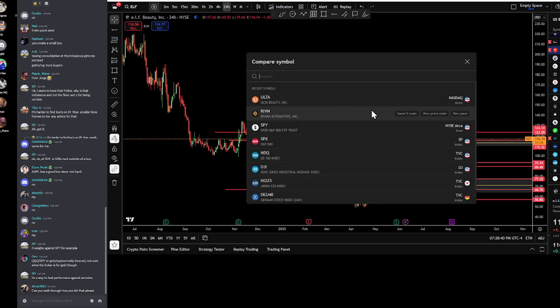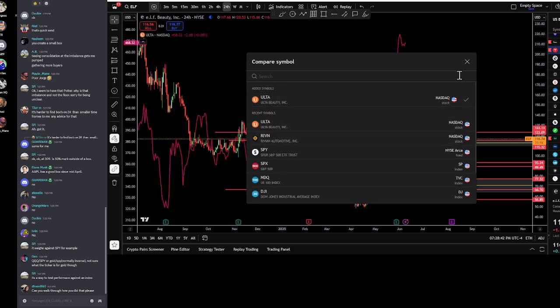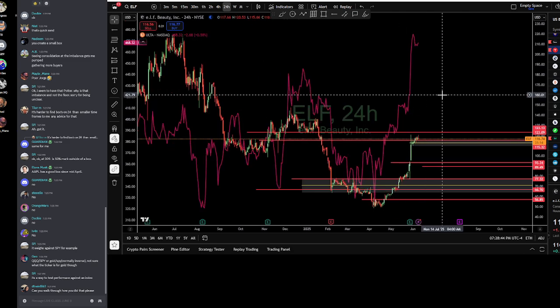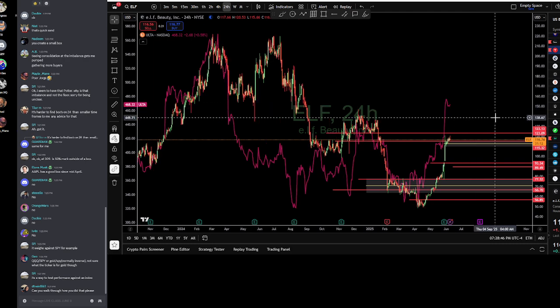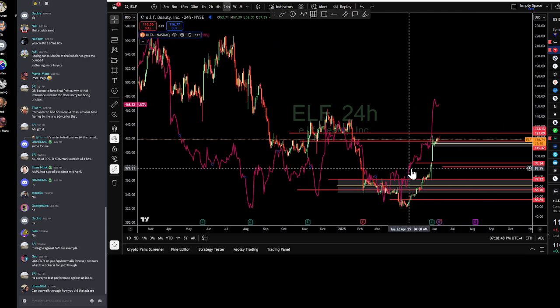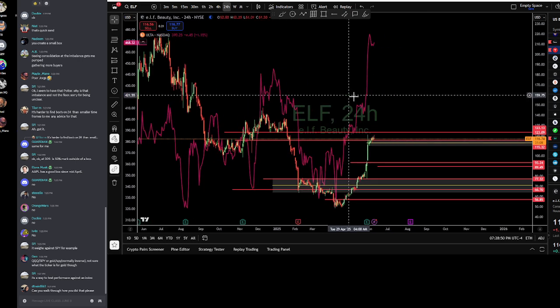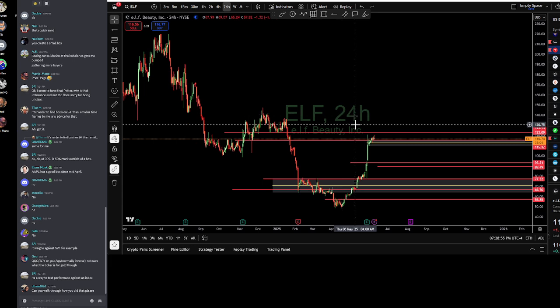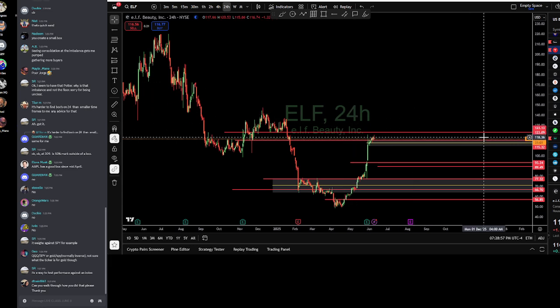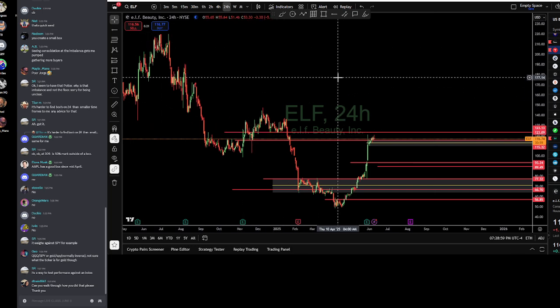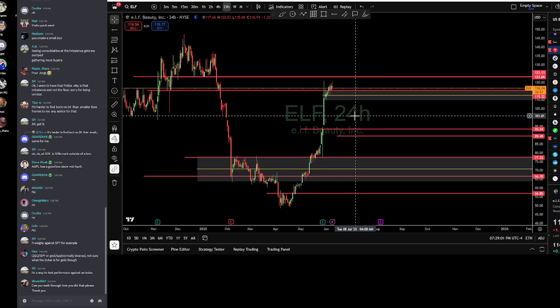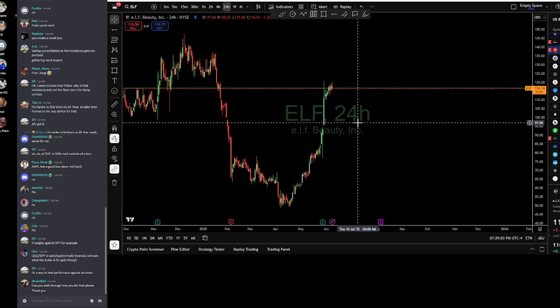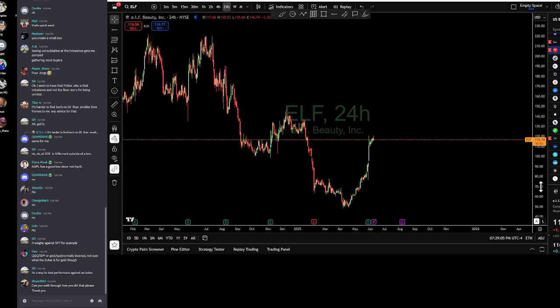Or you can do it and you'll see the new price scale. That way you can overlay it, just to compare and contrast, just performance. Yep, no problem.